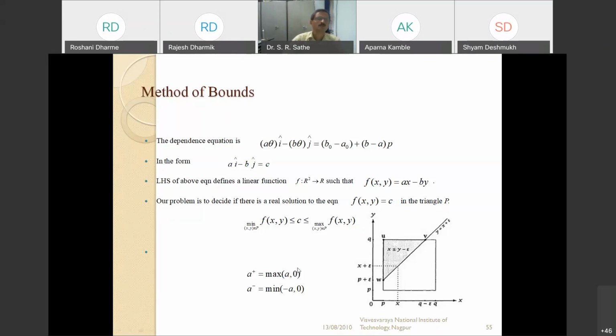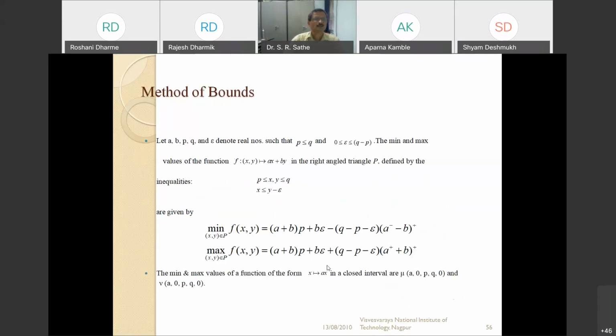Okay. So let a, b, p, q, epsilon denote real numbers such that p is less than or equal to q and 0 is less than or equal to epsilon less than or equal to q minus p. The minimum and maximum values of the function f(x, y) = ax minus by in the right triangle P, defined by the inequalities p less than or equal to x, y less than or equal to q and x less than or equal to y minus epsilon, are given by the expression that I have given here.